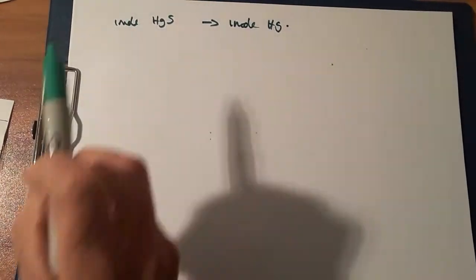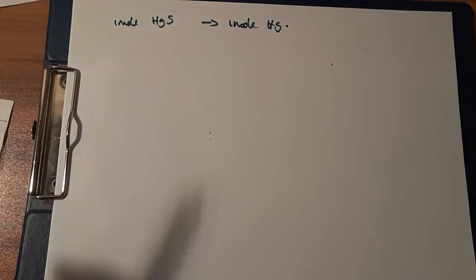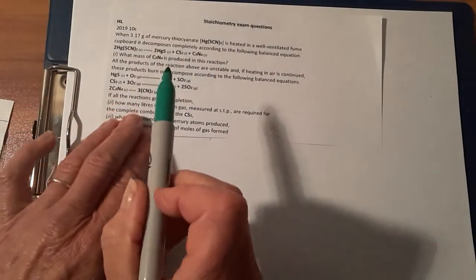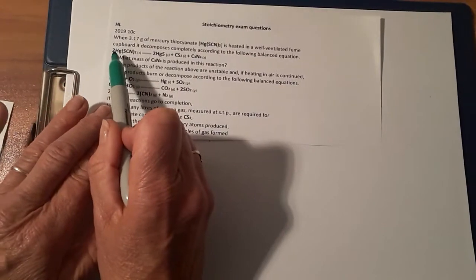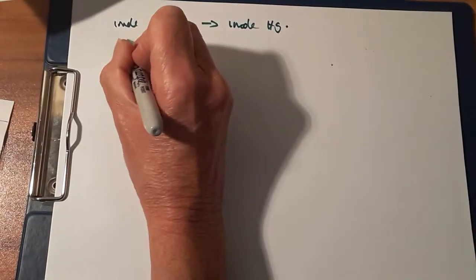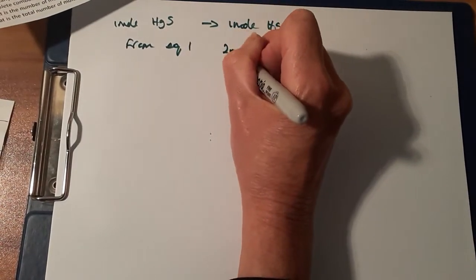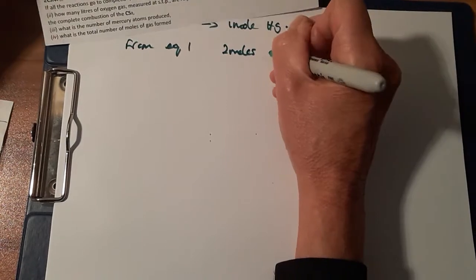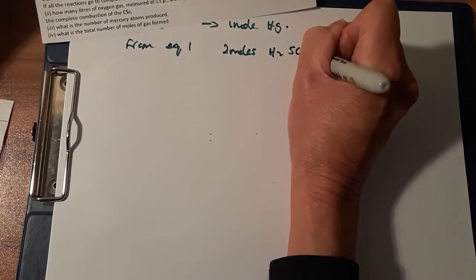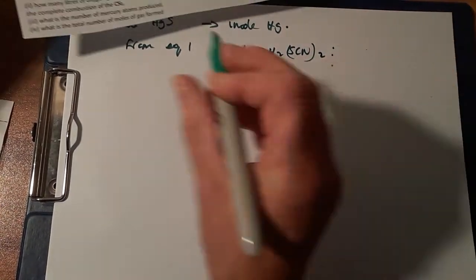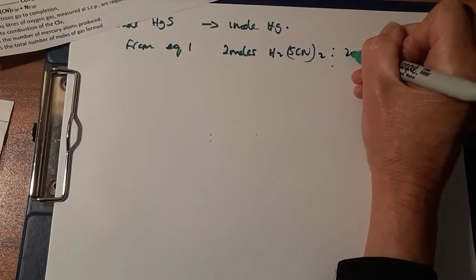How many moles of HgS were used? So go back to your original equation. So from equation 1, 2 moles of HgSCN will give you 2 moles of HgS.